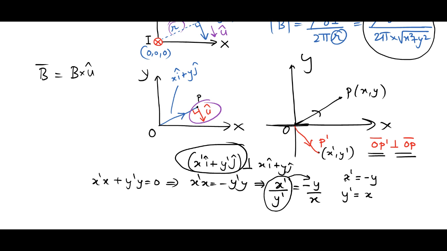Now the ratio of x dash and y dash is clearly equal to minus y by x, but does this actually fulfill our condition? That is, if I use these values of x dash and y dash, do they really give us a point in the fourth quadrant? That's what we need.